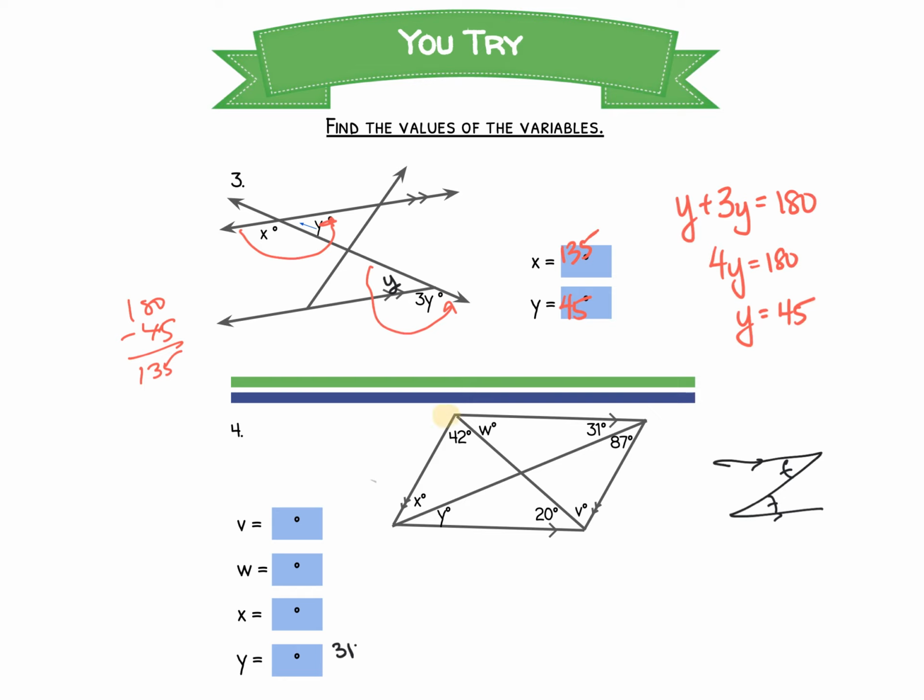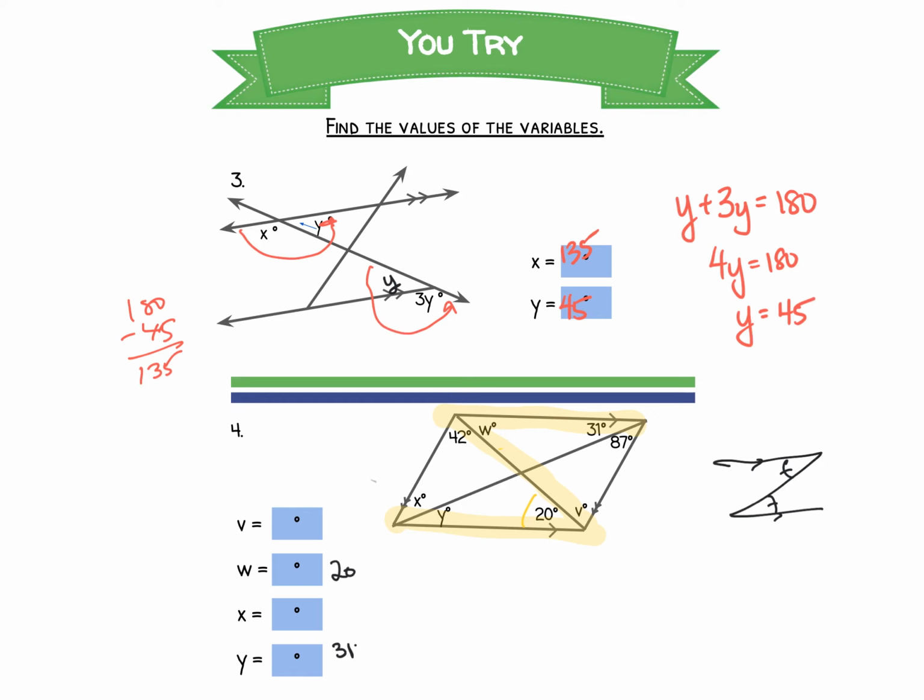Okay, so now let's look at these two parallel lines and this transversal. Again, looking for my z. Okay, looking for the z. The angles I can determine here are going to be W and the 20. Okay, so we know that W has to be 20 degrees.